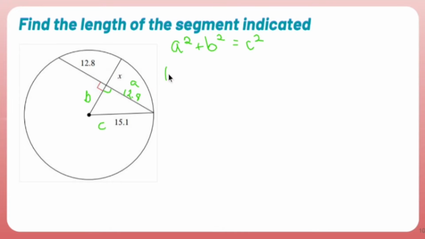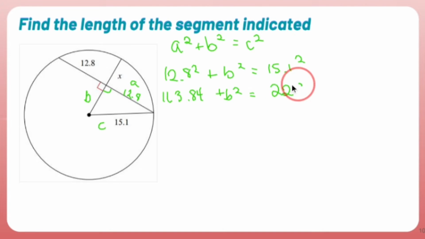And so I have 12.8 squared plus b squared equals 15.1 squared. 12.8 squared is 163.84. 15.1 squared is 228.01.